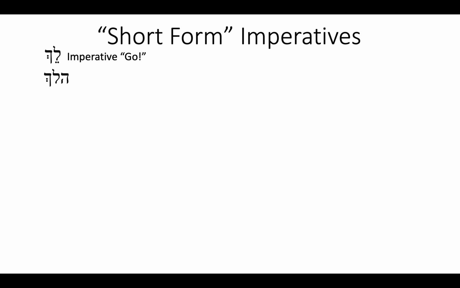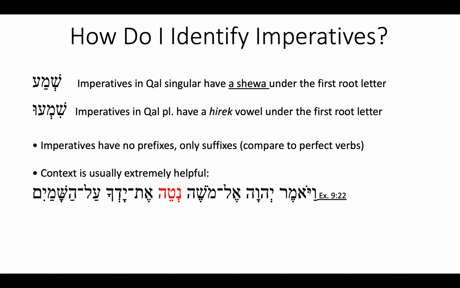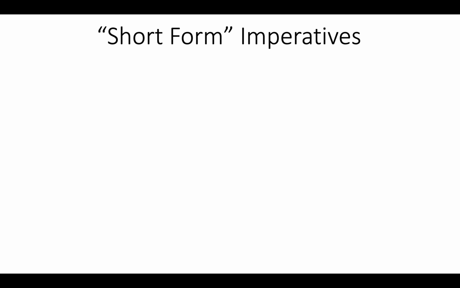But number-wise, I bet if you counted them up and looked at how many imperative verbs follow this form with the schwa under the first root letter, or the hirik if it's a plural, versus these short forms, the short form imperatives would win.